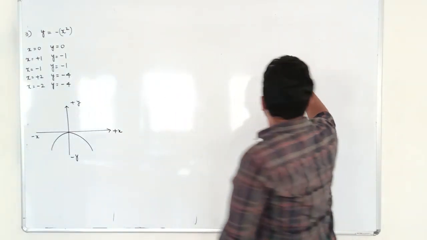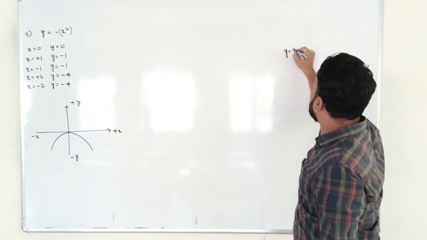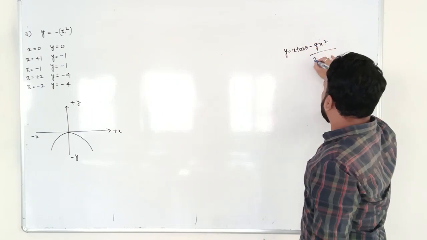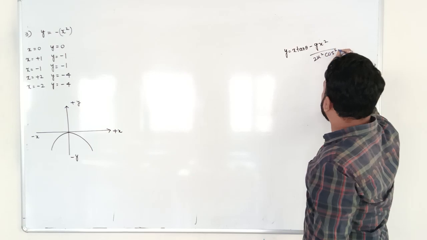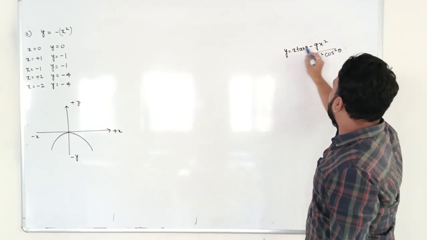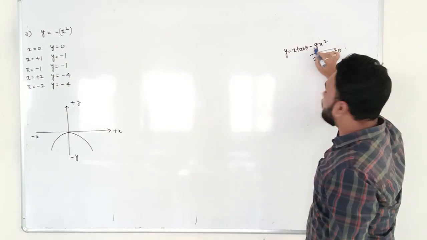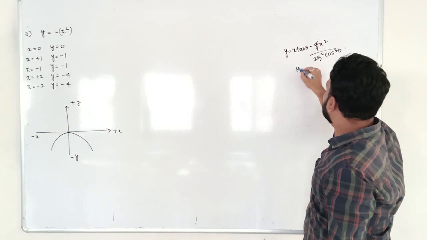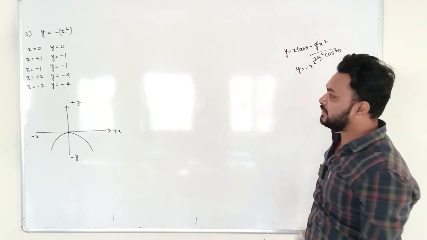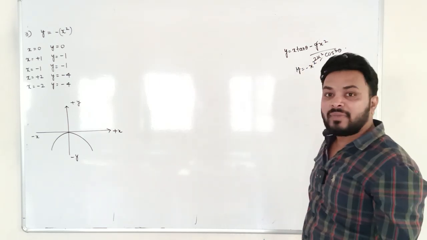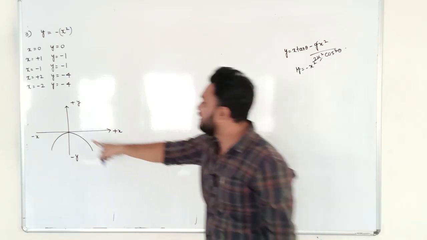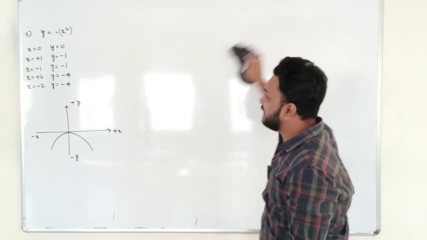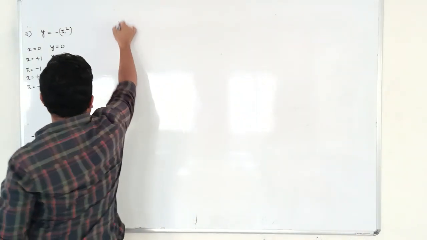We have taken the equation like y equal to x tan theta minus gx square divided by 2u square cos square theta. See, y is directly proportional to minus x square, right? Everything else is constant here. It is like y equal to minus x square. So it is coming as a parabola. Understood? So like this we will understand how exactly we are drawing the graph.